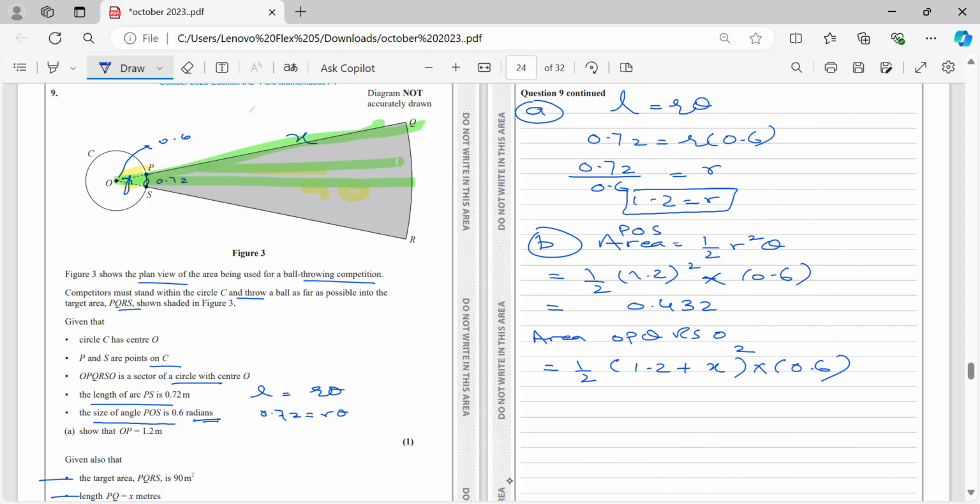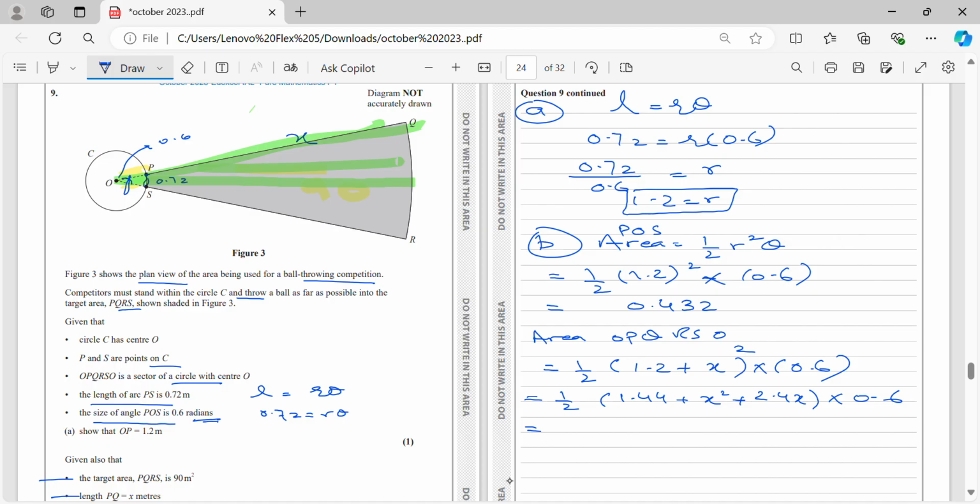Okay. It's time to solve algebraically. So 1.2 squared is 1.44. 2 into 1.2 is 2.4x. Times 0.6 divided by 2. I can simplify or multiply and then divide, it's the same thing.